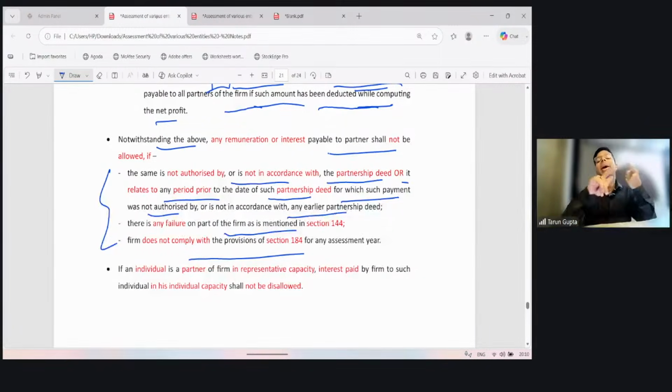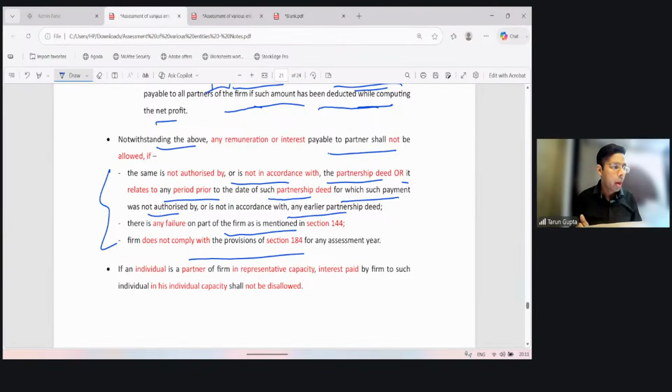What are these cases? 1, if the salary or interest is not authorized, that's not allowed. 2, even though authorized, it relates to the period prior to the date when the partnership deed which authorizes it was entered. Third, if the partnership firm has failed to comply with the conditions provided in section 144 or has defaulted, does not comply with the provision of section 184. If any of these 4 situations has occurred, then the partnership firm is not allowed a deduction of salary or interest.